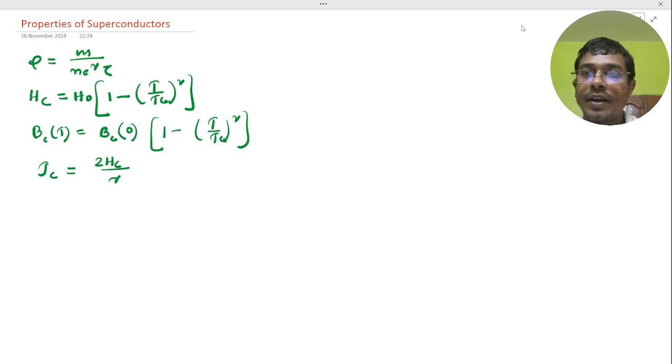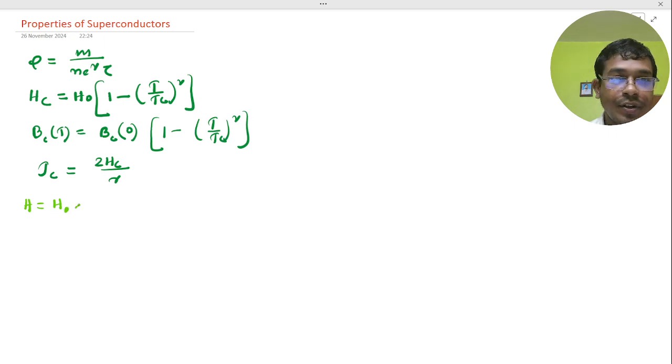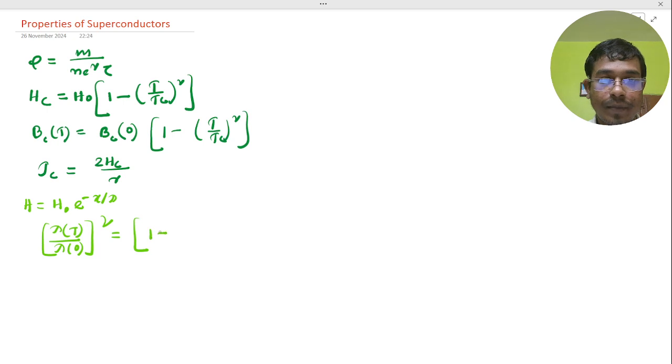Another one is H equals H naught e to the power minus x by lambda, where lambda T by lambda 0 whole square is equal to 1 minus T by Tc to the power 4, whole to the power minus 1, where lambda T and lambda 0 are the penetration depth at T Kelvin and 0 Kelvin.